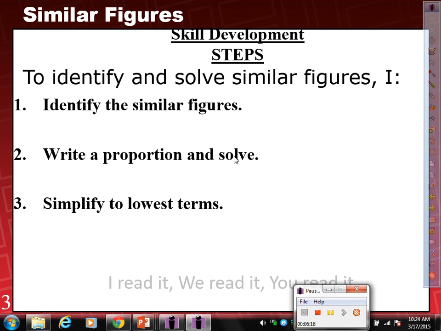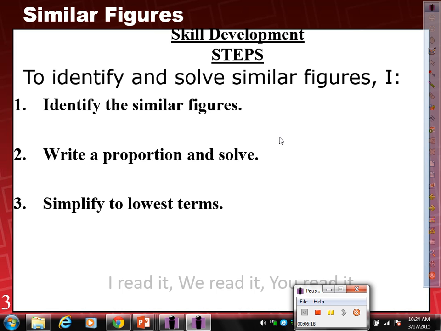Step 2, write a proportion and solve. Step 3, simplify to lowest terms.